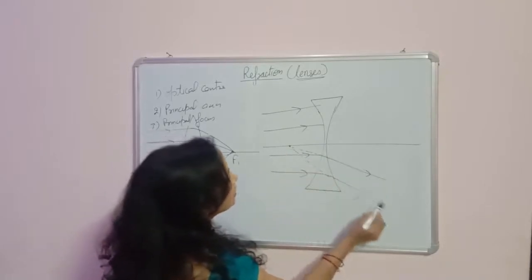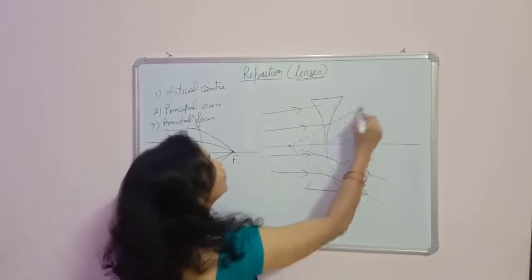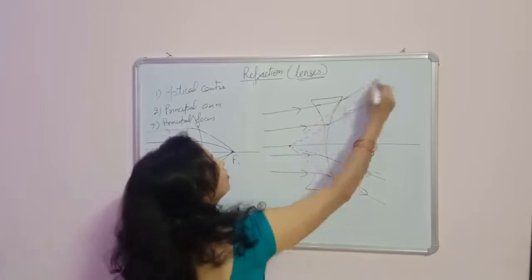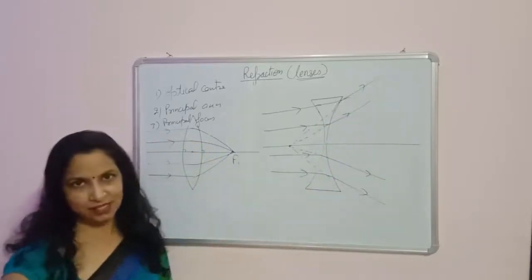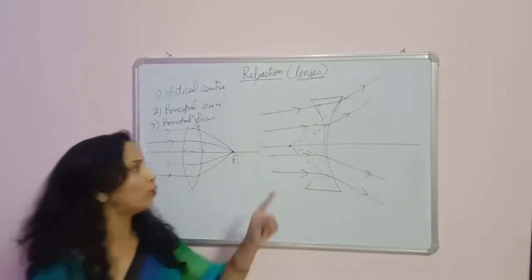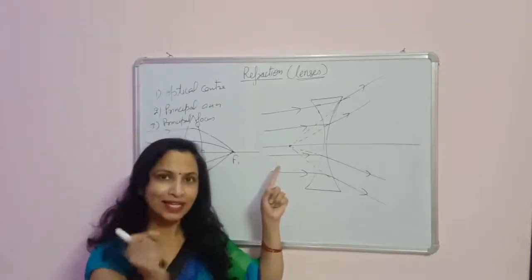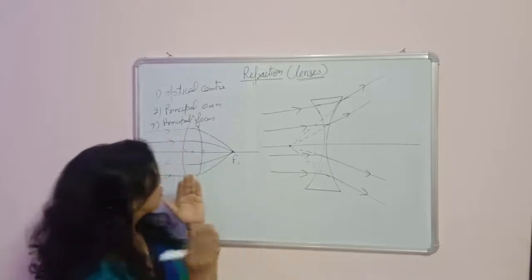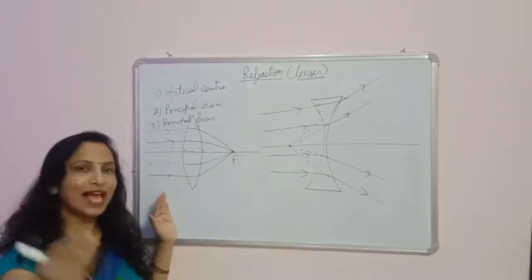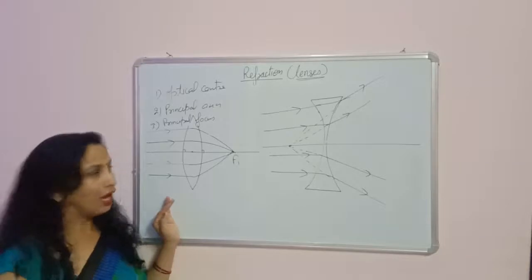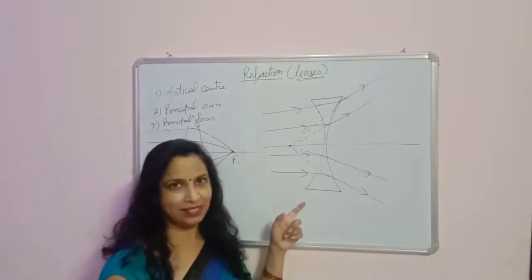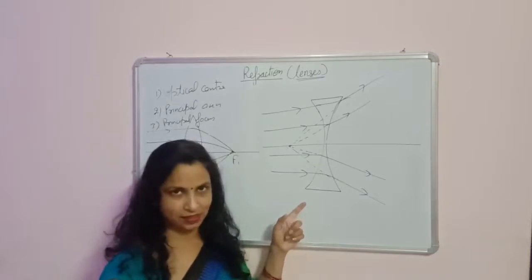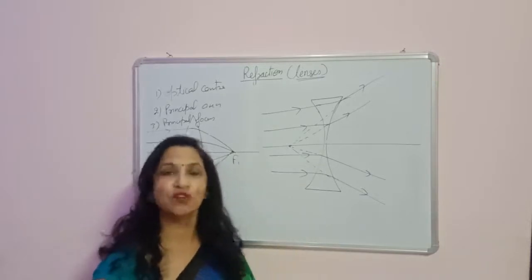It appears that these lights are diverging from this point. The light which is coming parallel to the principal axis appears to diverge from a point on the principal axis, which is called the principal focus of the concave lens. So in case of convex lens, the light rays actually meet at a point. And in case of concave lens, the light rays appear to diverge from a point on the principal axis. And this is called the principal focus of concave lens.